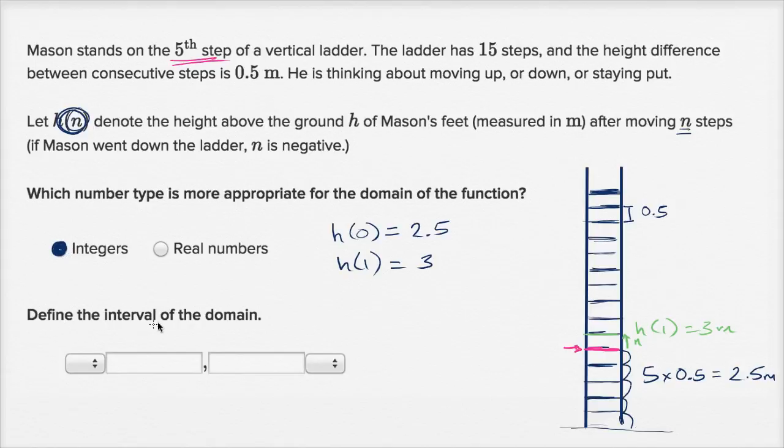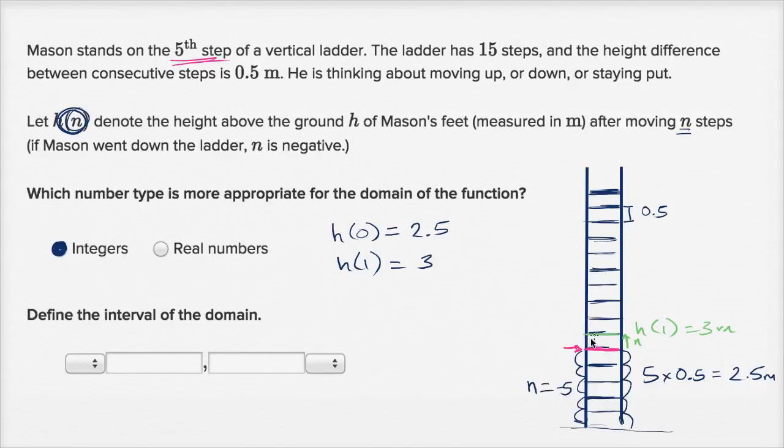And then they say define the interval of the domain. We have these little toggles here to define the interval of the domain. The lowest value for n: he can go as far as 1, 2, 3, 4, 5 steps down, and in that case, n would be equal to -5.